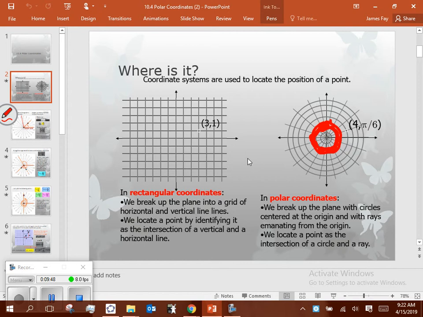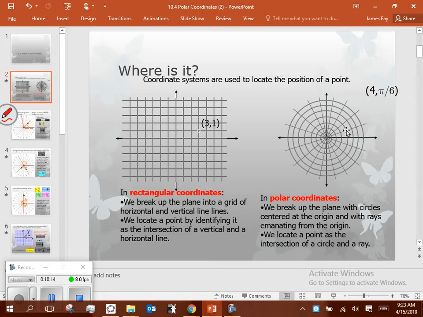Here you're seeing the way we describe points a little bit different. Okay. This one is saying that this point, right here where my cursor is, is called 4 comma pi over 6. The 4 stands for the circle that the point is on.